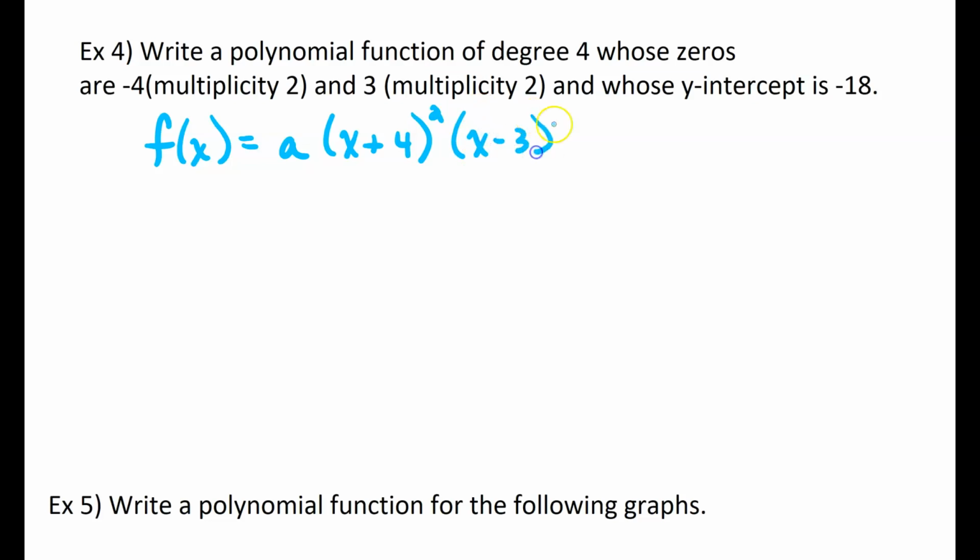And the multiplicity means to square it also. Okay, so again, I don't know what the lead coefficient is, so I'm going to solve for it, which means you have to have another point, and the only thing they gave us is a y-intercept of -18. So what does that mean?